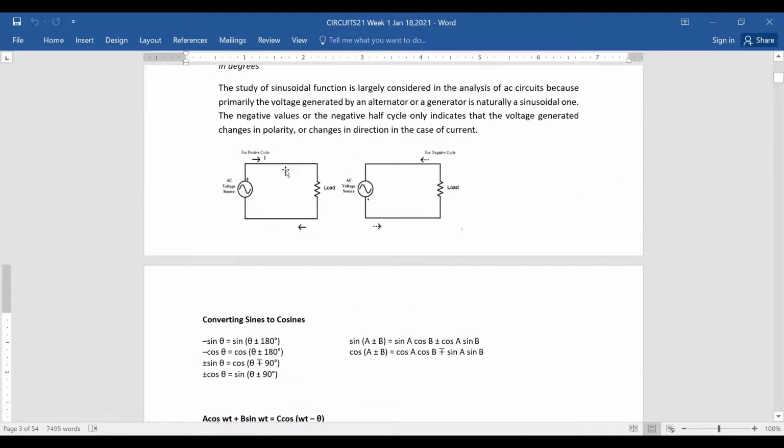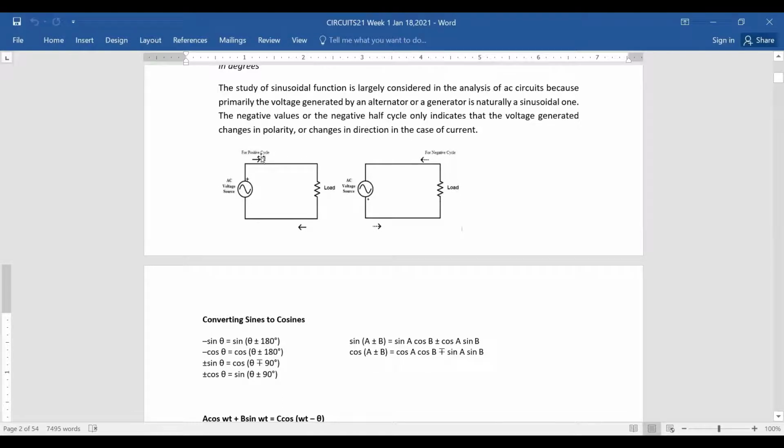So we have an illustration here. In the first half cycle, the positive half cycle, the sign of our voltage is located there. But if you consider the negative half cycle, as you can see here, the positive is located at the bottom part, meaning the negative is located there.